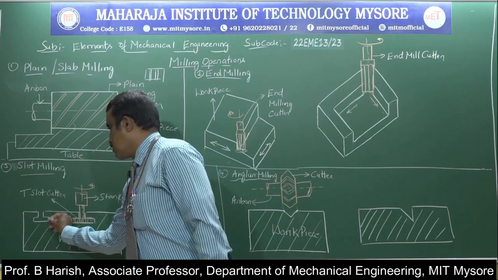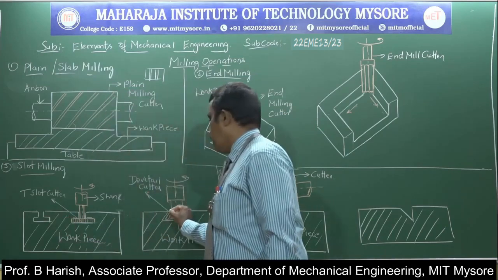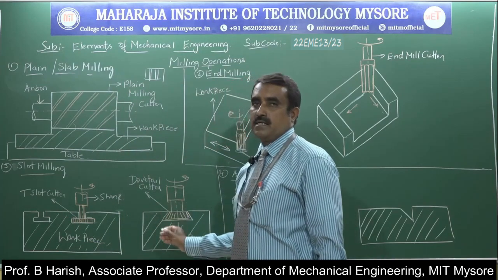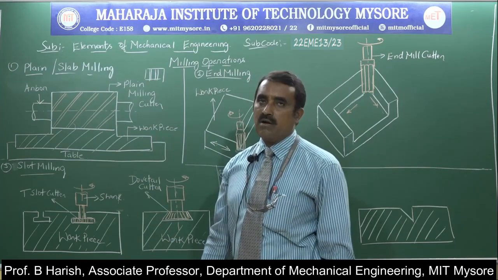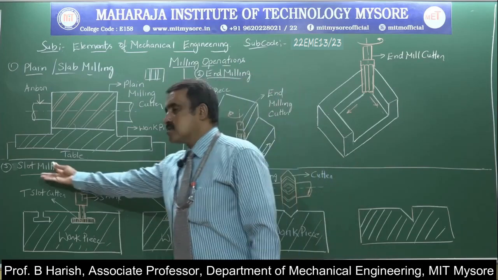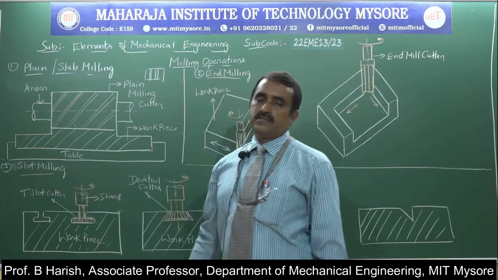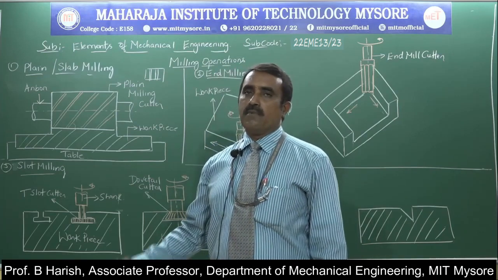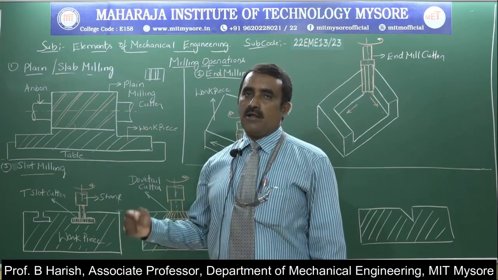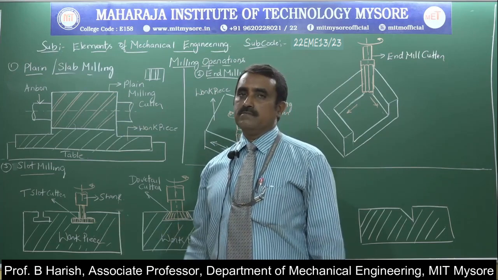In T slots the edges will be vertical, whereas here the edges will be at an inclination. Whatever the slot may be, whether a T slot or a dovetail slot, it comes under the slot milling operation. Slot milling is an operation performed on a milling machine in order to cut slots on a given workpiece.